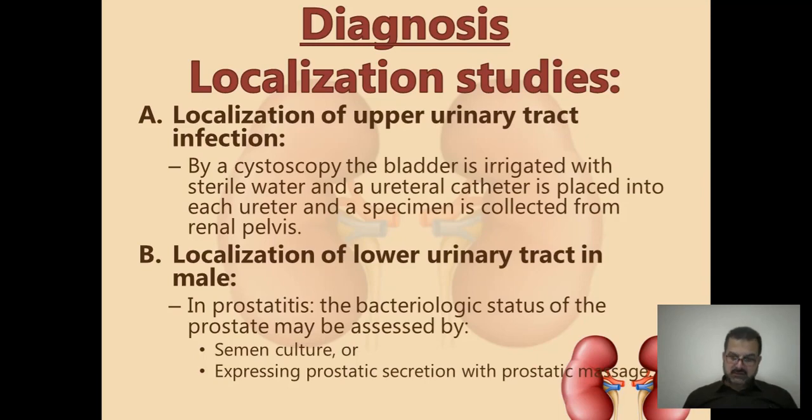Sometimes we can do cystoscopy, doing cannulation of the ureter and taking a specimen from the left and right ureter. According to localization of the lower urinary tract, if you are sometimes suspecting prostatitis, semen culture can be done, or we can take prostatic secretions by doing prostatic massage.